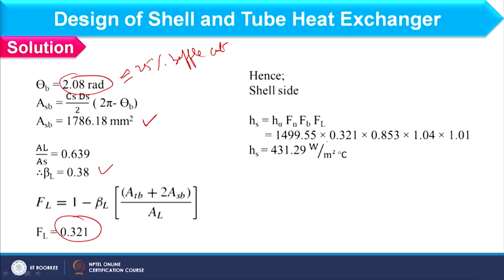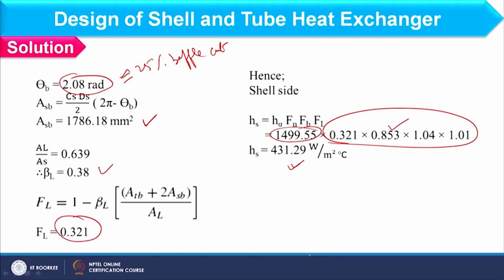So, you can find out the shell side heat transfer coefficient by simply multiplication of all these, right. So, simply you have multiplied all values of correction factors with HOC, and here you see I have considered FB as 0.853, but you should consider the FB value from the graph and then you should use it over here.